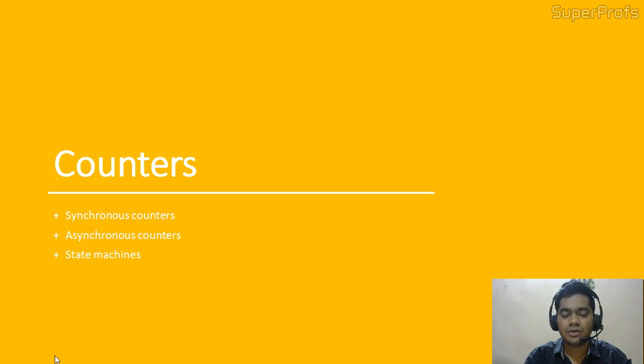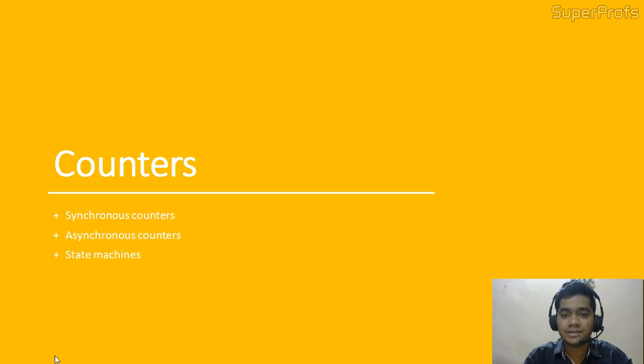In synchronous counters and asynchronous counters, there is a basic difference that we are going to see in the slides. In synchronous counters, the clock pulse is given simultaneously to all the flip-flops, as in the registers. Similarly, in synchronous counters, we are giving clock pulse to all the flip-flops to count the clock pulses simultaneously.